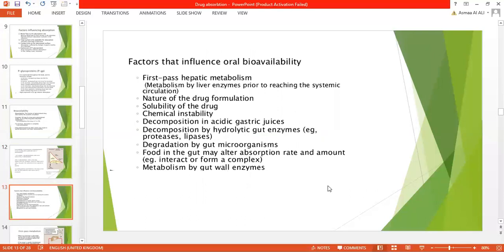Gut wall enzymes also affect the bioavailability. So there are multiple factors that could influence oral bioavailability. For IV, it will be completely 100% bioavailable. It will not be affected.